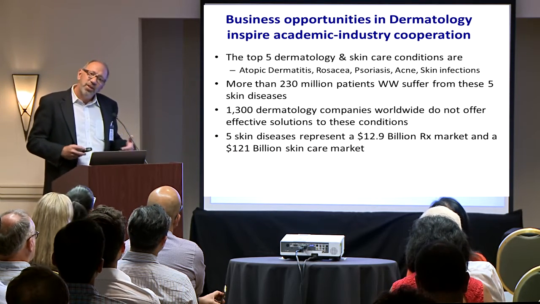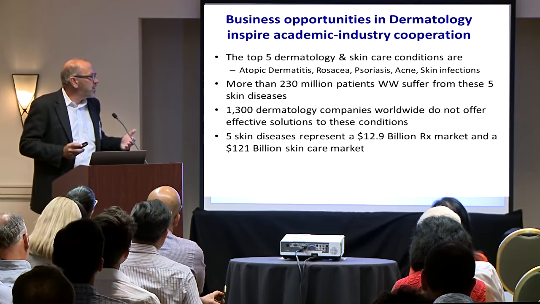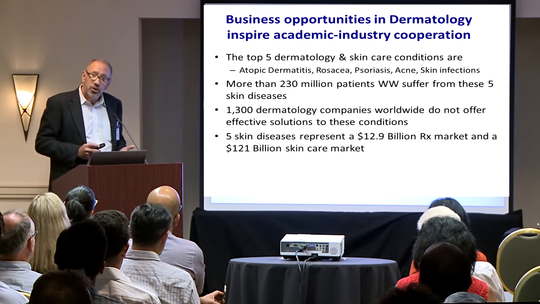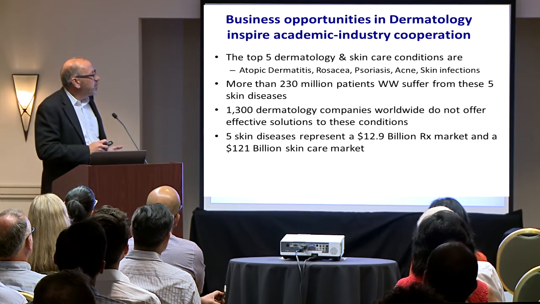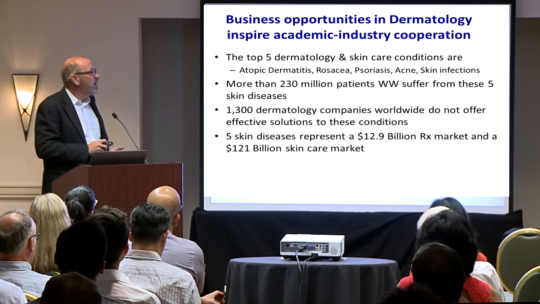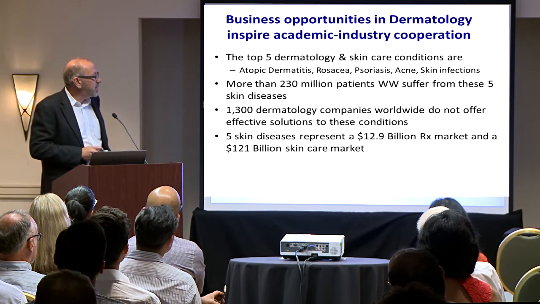The way this field is now being driven forward, especially in skin microbiology and skin microbiome research, is that there are obvious business opportunities for those of you in the audience interested in that aspect of things. The top 5 dermatology conditions you've all heard of are very, very common: atopic dermatitis, rosacea, psoriasis, acne, and skin infections.